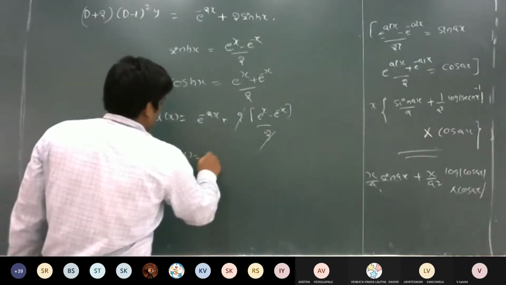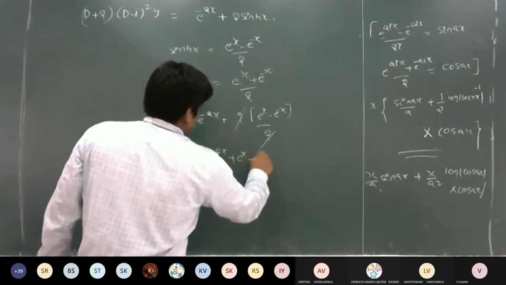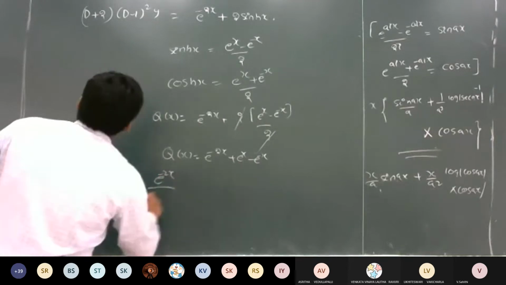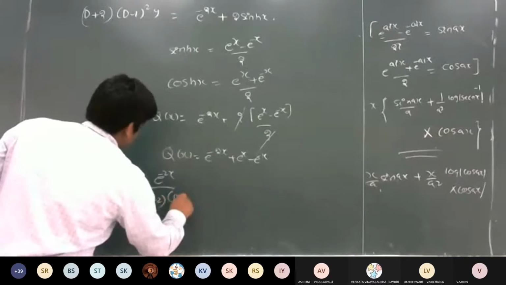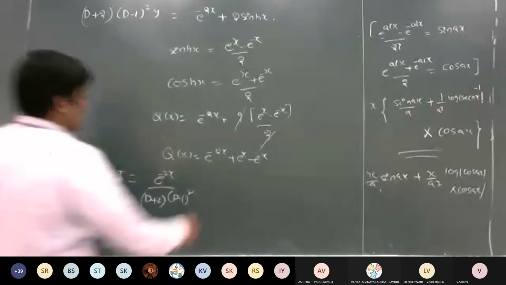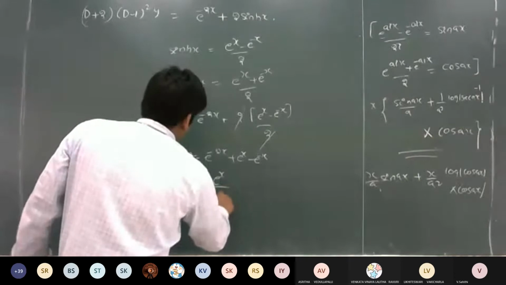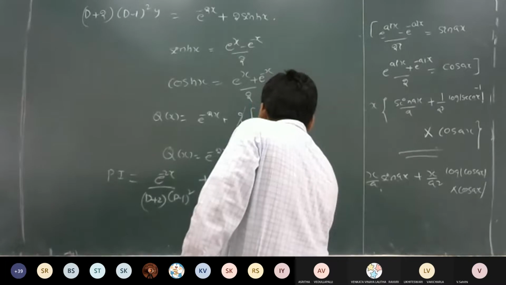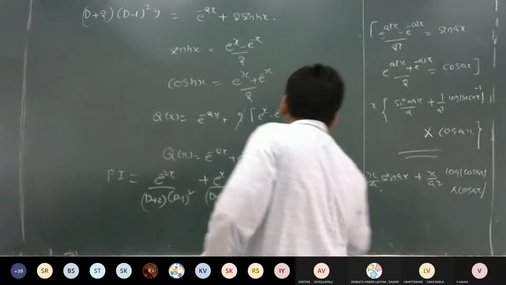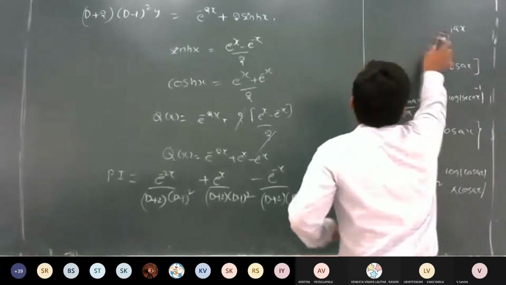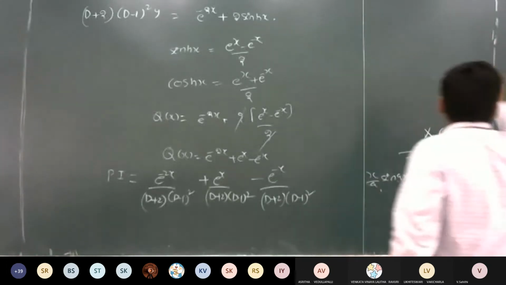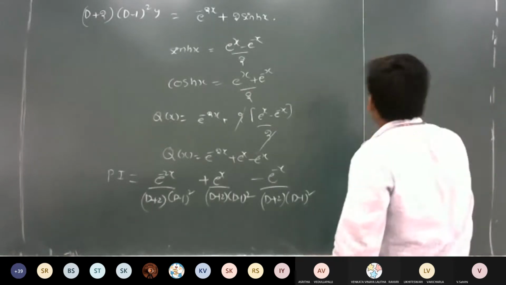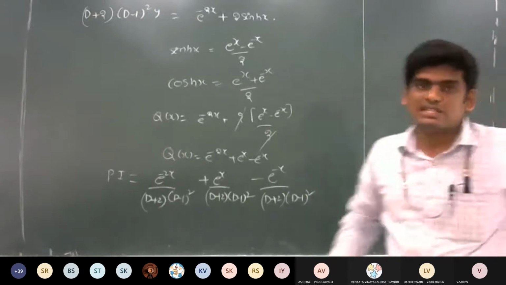Here Q of x is equal to e power minus 2x plus e power x minus e power minus x. Therefore the particular integral is e power minus 2x by (D plus 2)(D minus 1) whole square, plus e power x by (D plus 2)(D minus 1) whole square, minus e power minus x by (D plus 2)(D minus 1) whole square. So we have three parts.